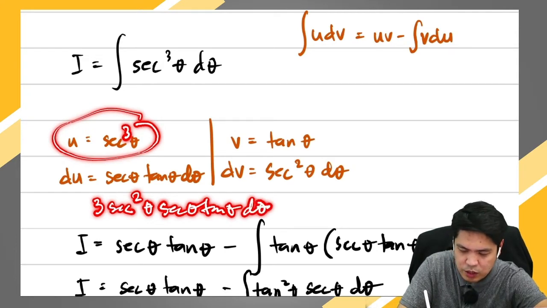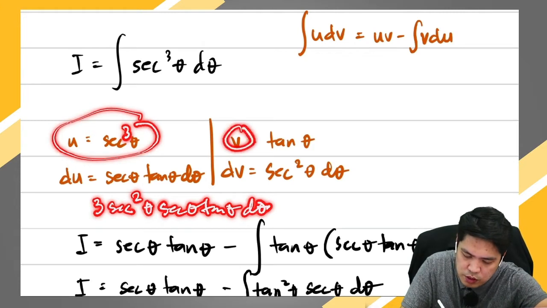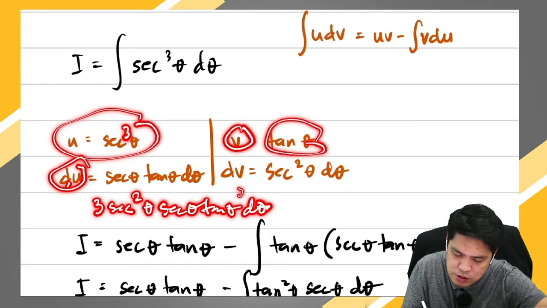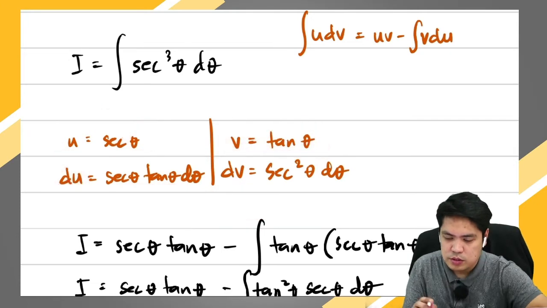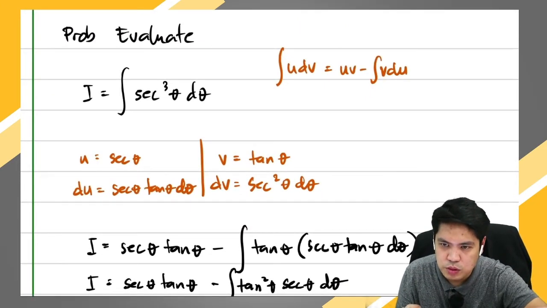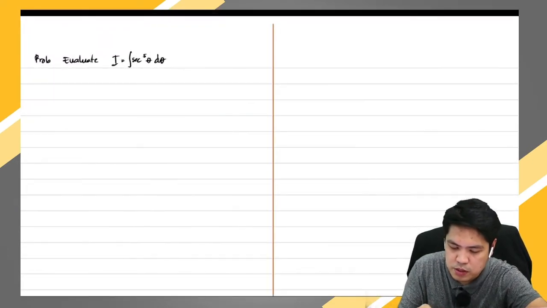Then if we substitute integral of v du, yung mangyayari is complicated na siya. Diba? So we have tangent squared, then secant cube. Okay? Ganun. So that would require us to do another set of integration by parts.